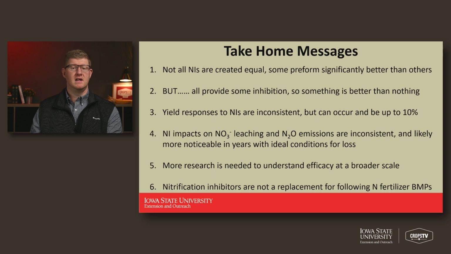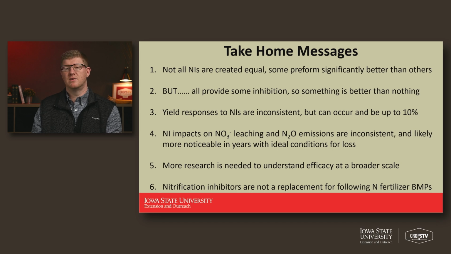And it's very likely that, if there is a benefit, it's going to be more noticeable in years where there's ideal conditions for loss. So we're talking years with heavy rainfall. So such as the spring of 2024, at least in Iowa, there were areas that got over 20 inches of rain within a month, right? That's an ideal condition for loss, both via leaching and denitrification.